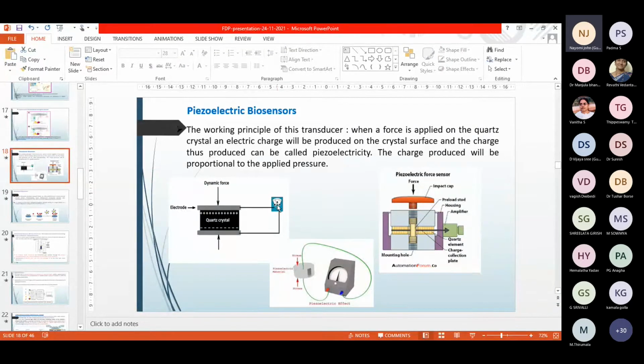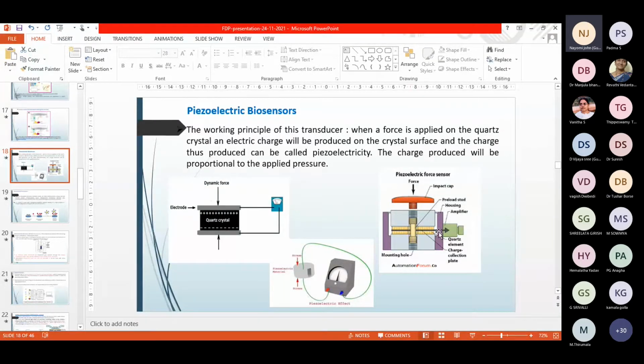So this is another example for setup of the piezoelectric biosensors. Here this is the quartz element. On both the sides there is a mechanical force, in the form of the metals. Usually the metals will be put which will act as the electrodes because they have the capacity to conduct the current and use the force. By putting the force, electricity will be generated and that will be traveled.